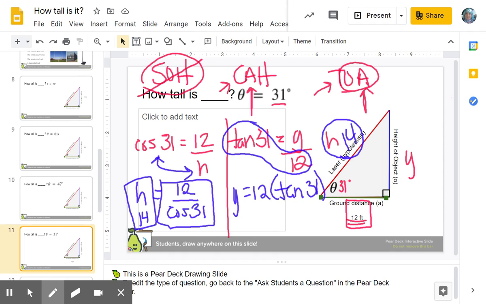And it kind of makes sense that it's smaller than 12. Because it's opposite the smallest angle. Does that make sense?